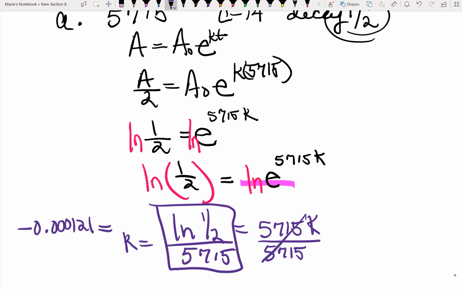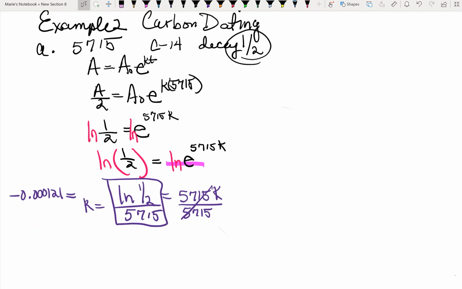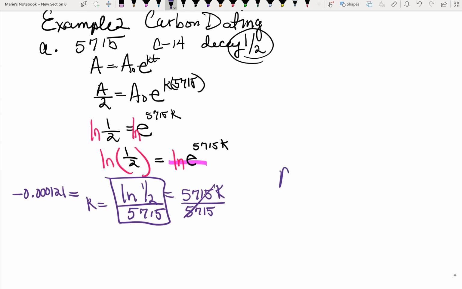So if I were to do the model for this, now knowing k, I would say future value is equal to that initial value times e to the negative 0.000121 times t, because now we don't know t.